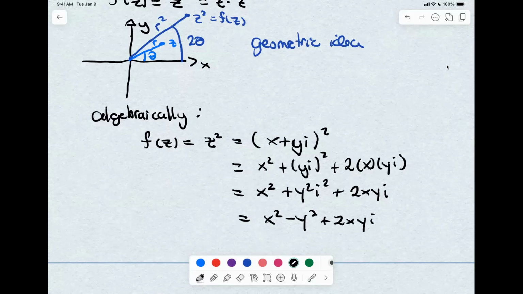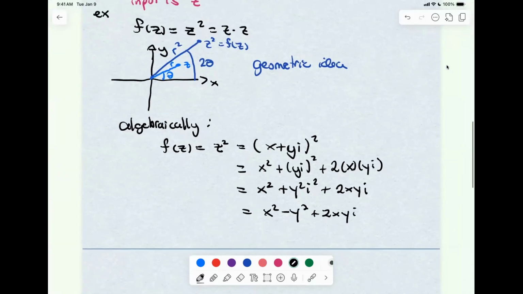What that means from this perspective is that the x and y coordinates for z squared would be x squared minus y squared, comma 2xy, if you started with the point that had coordinates x comma y. All I want you to think is that this is analogous to when you write f of x equals x squared. Now you're just writing f of z equals z squared.